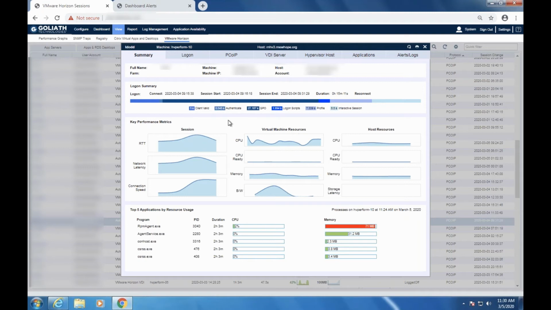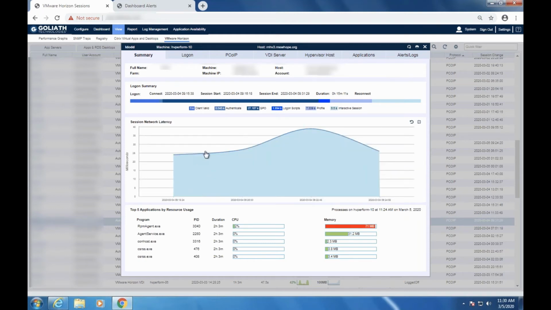What they then took a look at after that was, okay, what's actually driving that high round trip time? Is it a resource utilization issue, or is it something on the network side? How they were able to come up with those answers is by taking a look here at network latency. This is real-time network latency, not the typical ICMP or ping-based network latency.